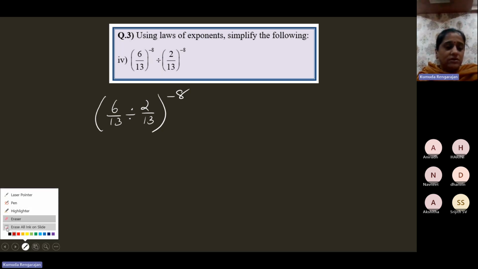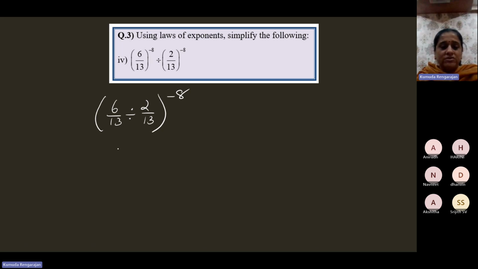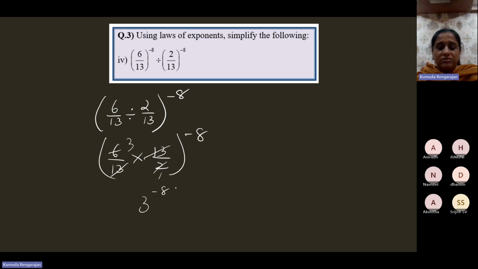So next step, inside the bracket, 6 by 13, division becomes multiplication, 13 by 2, the whole power -8. So 13 cancels, 2 ones are 2, 3 twos are 6, so it's 3 to the power -8.